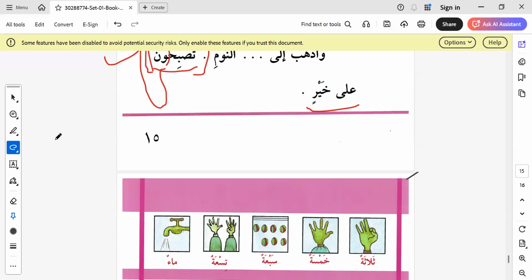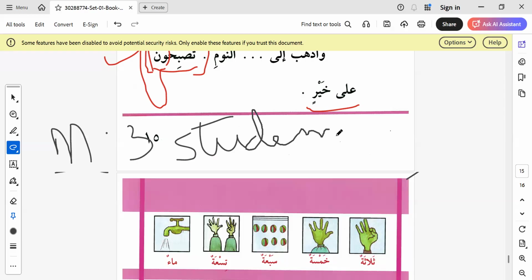Take note of this. Masculine, represented by M. So in English as well, the number comes first, 3 students. So the one we are counting comes after.